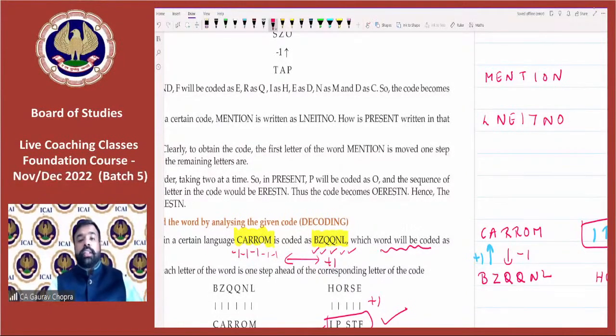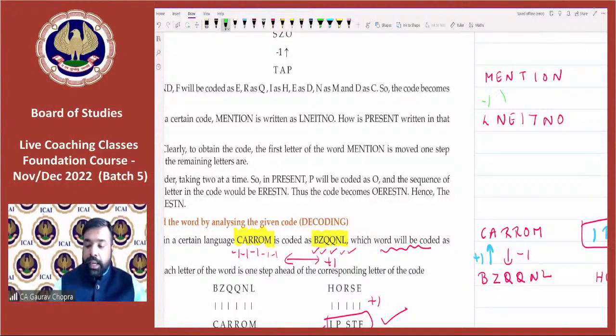Now, what is the logic here? Clearly, we can see that from M to L, the logic is simply -1: L, and after L it comes M. So -1 is from M.